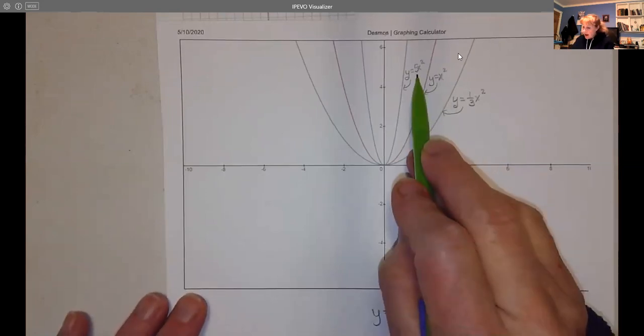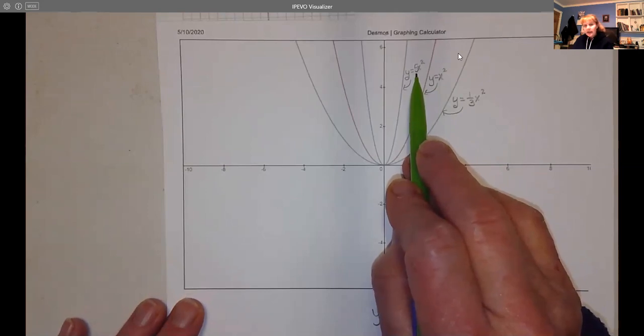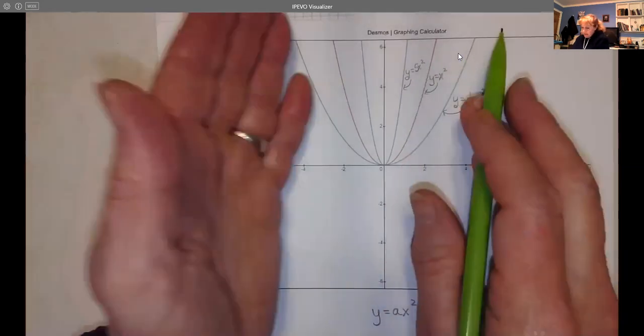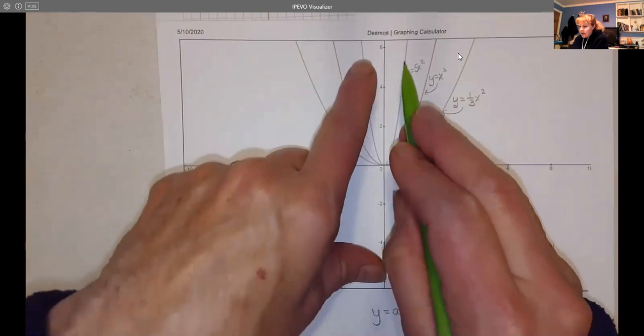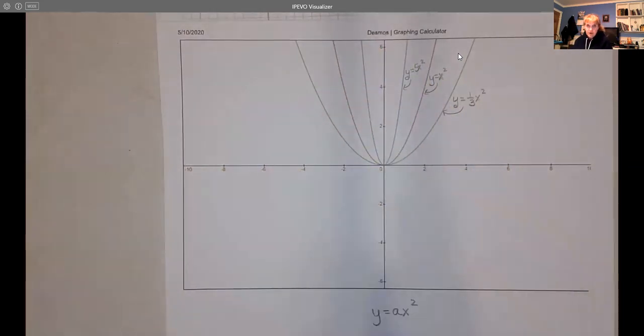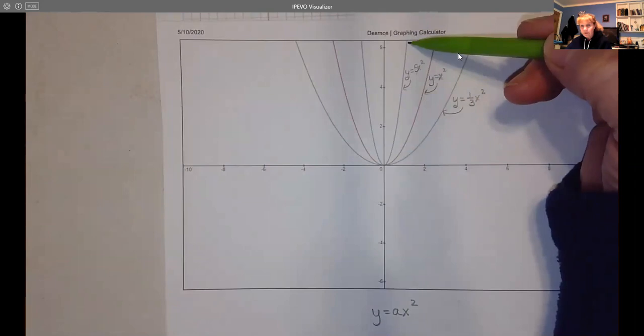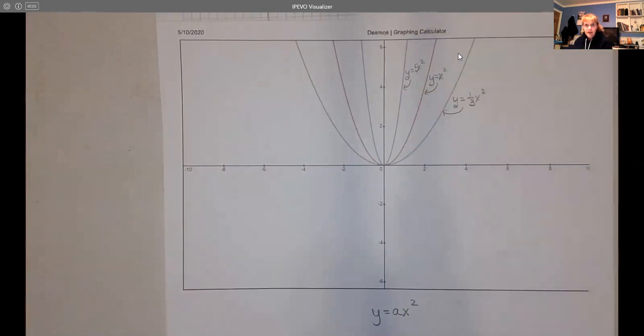So this 5, if this number, this A, is larger than 1, like if it's a 5 or a 10 or a 2 or a 3, it will narrow it or stretch it so it's thinner. Okay? The graph is thinner than the parent graph. Okay, so it goes here. This is your 5x. You can't really see the color very well, but it's blue.